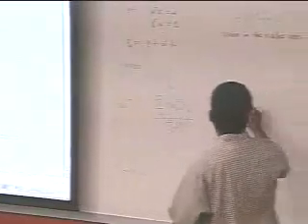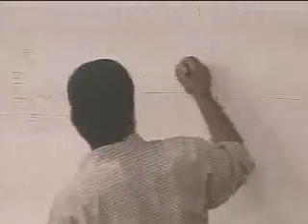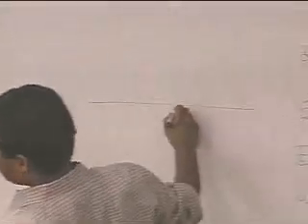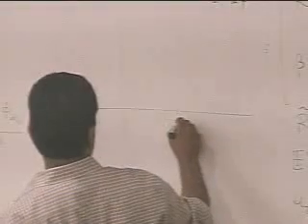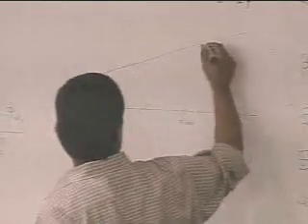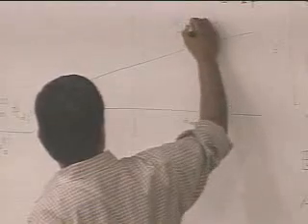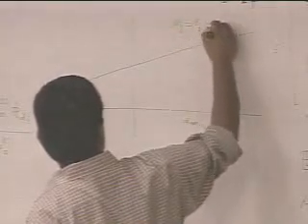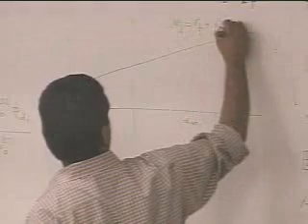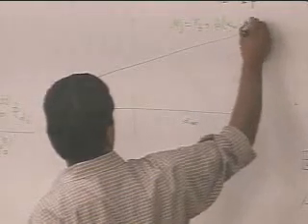Here's the straight line, here's the return, let's call it alpha m, and for any value of beta, this is what the straight line looks like. This is mu j is equal to rf plus beta times alpha m minus rf.